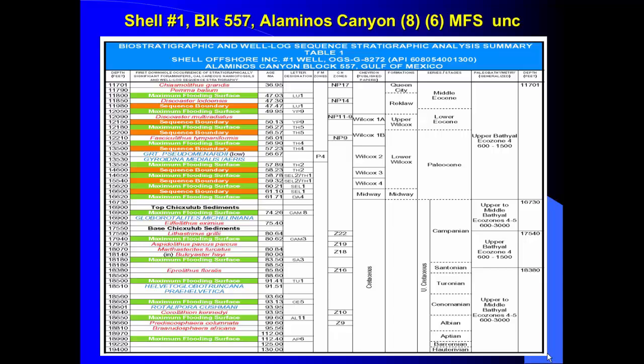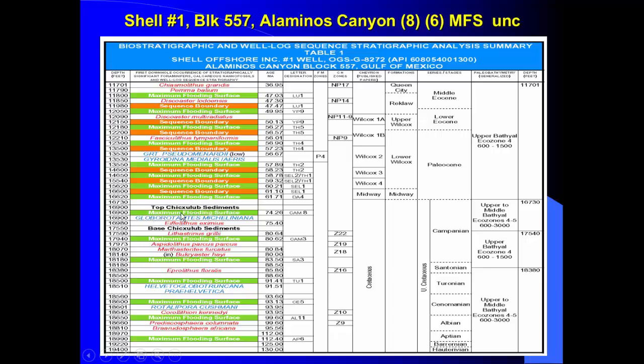Again, we had about 8 maximum flooding surfaces we recognized here, all the way from Middle Eocene, Lower Eocene, and into the Paleocene. And when we first interpreted this well, we didn't know that these were Chicxulub sediments, although we did find a few fossils in here.